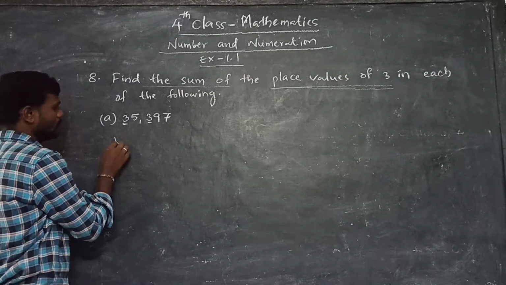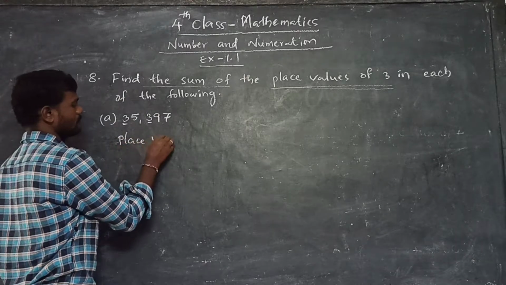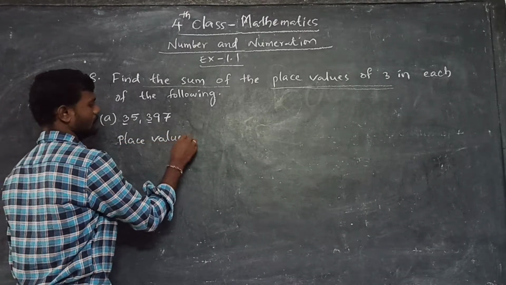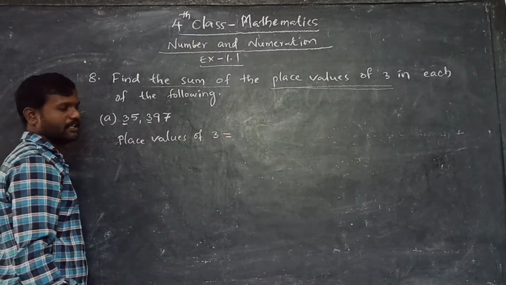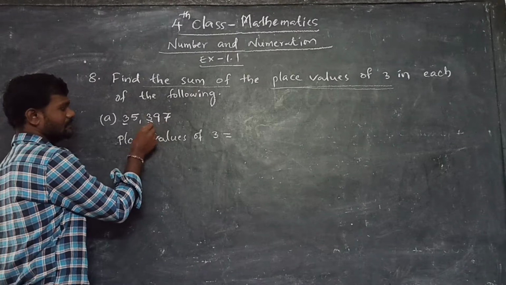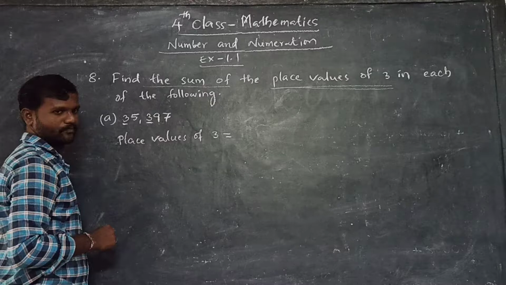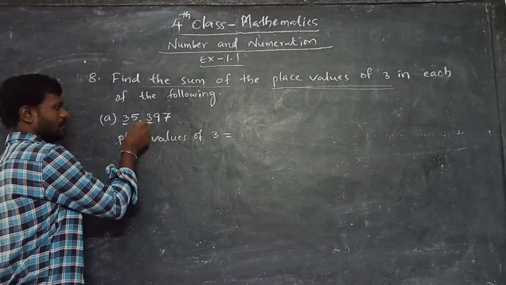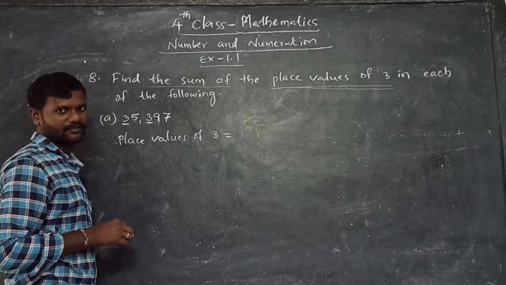What are the place values of 3? In which place is it? Ones, tens, hundreds. So 3 is in hundreds place. And next thousands, 10,000s. 3 is in which place? 10,000s place.